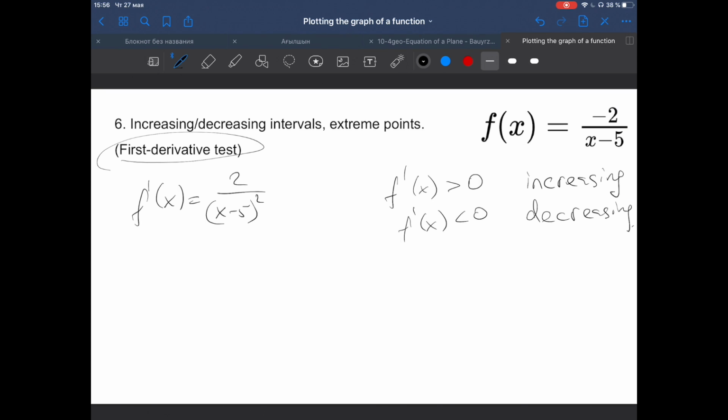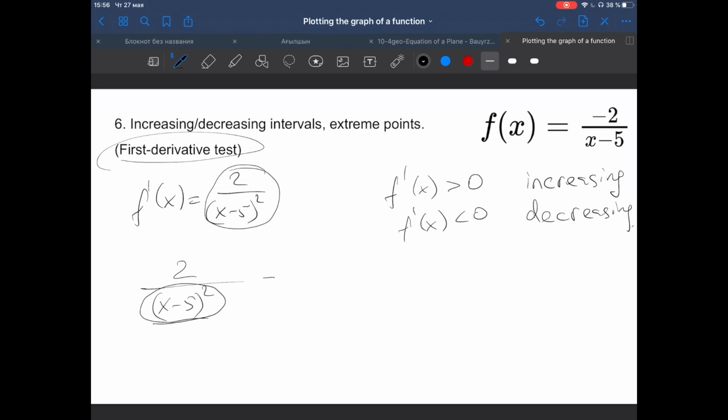Okay, and look, if you look to this expression, in numerator we have the number 2, and in denominator we have this expression, x minus 5 squared. What does it mean? If you put instead of x any number, and subtract 5 and take the square, this will be always positive number.